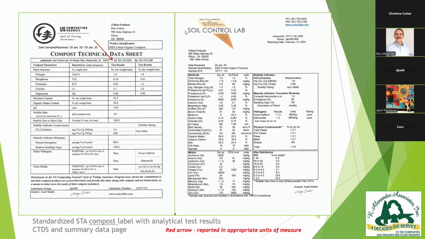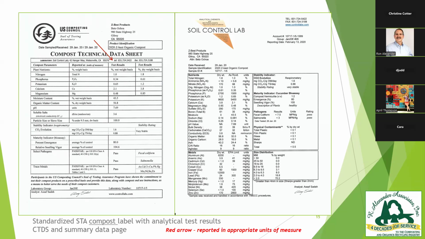But the interesting aspect is that each lab's backup paperwork may look a little different. I show this one to the right because later on I'm going to go through these different quadrants and talk you through some of the information. It's easier to work with this sheet because it's in quadrants like this, okay? This technical data sheet is something you can look at for most of the good compost out there. Once you get familiar with looking at this sheet, which we'll do, you'll feel comfortable comparing it.